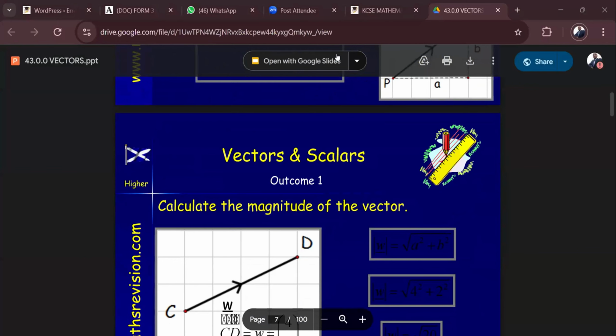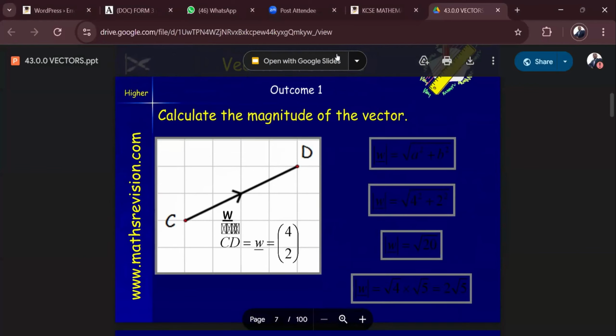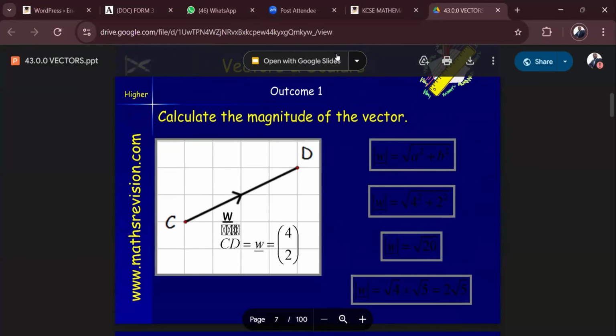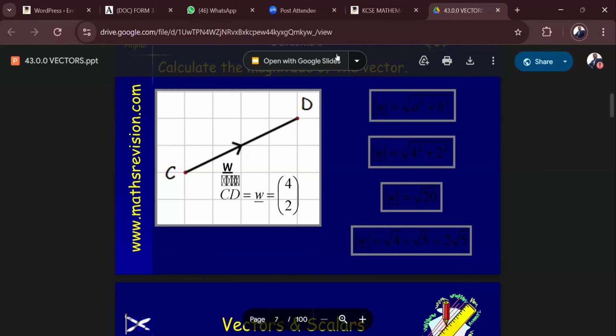From there, we have now discussed the vector, the magnitude of a vector, how we get the magnitude. So if you are given a question and you are told to determine the magnitude of any vector, I'm hoping that you're writing. We have a new approach today.